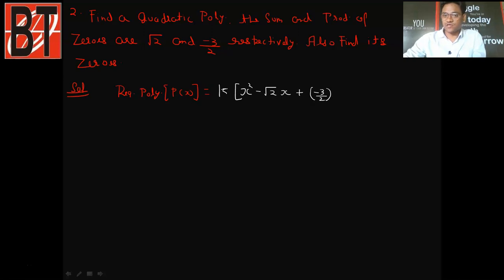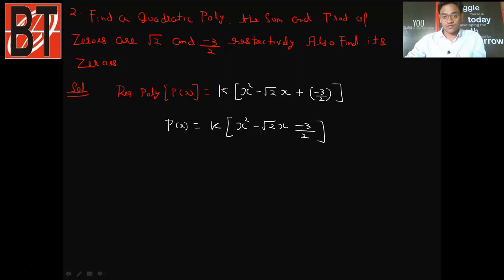Clear, students? In the place of sum of zeros, I directly took root 2, and in the place of product of zeros I took minus 3 by 2. Now p(x) is going to be k into x square minus root 2 x minus 3 by 2.